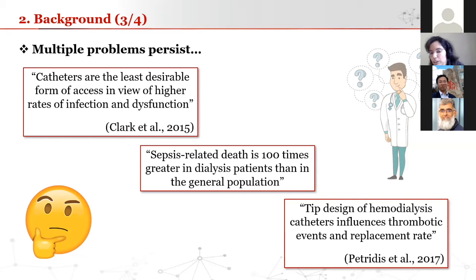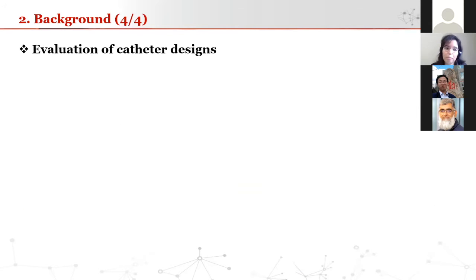We also know that the design of these catheter tips can influence the creation of clotting and the replacement rate, meaning that these catheters can be replaced many, many times throughout dialysis procedures. So these are the type of problems which need to be solved.